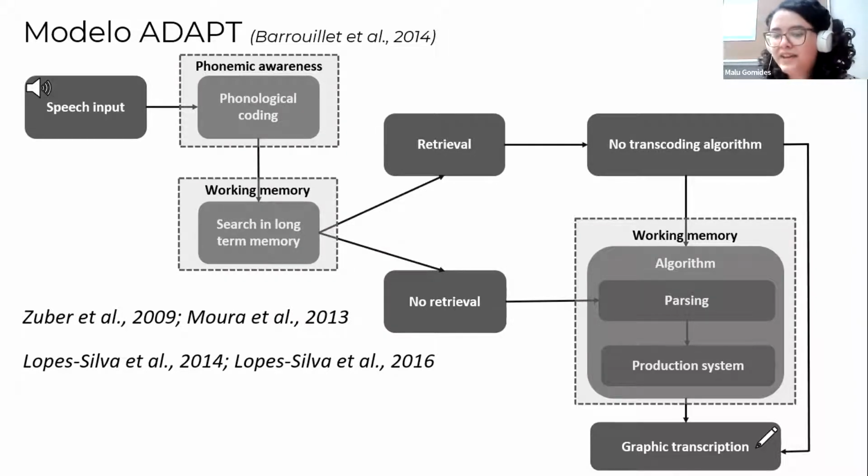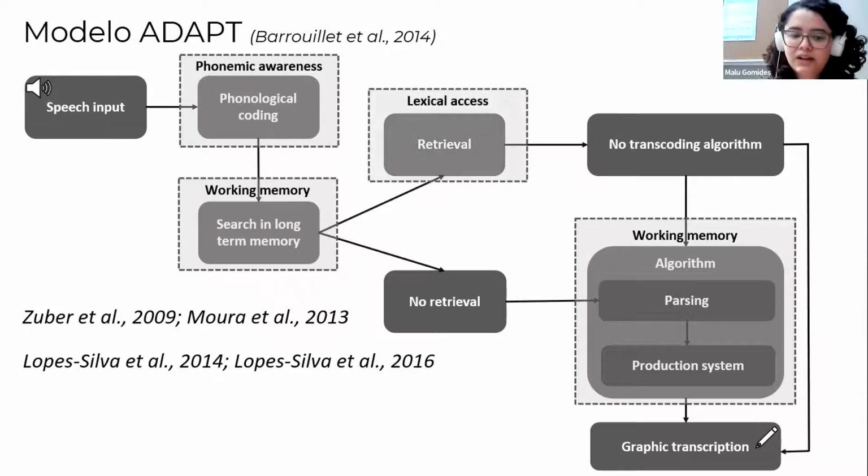So we can hypothesize that phonemic awareness would play a role in number transcoding. Indeed, previous research from Lopes-Silva and colleagues shows that phonemic awareness is a specific predictor of number transcoding, even controlling for the effects of phonological and visuospatial working memory.